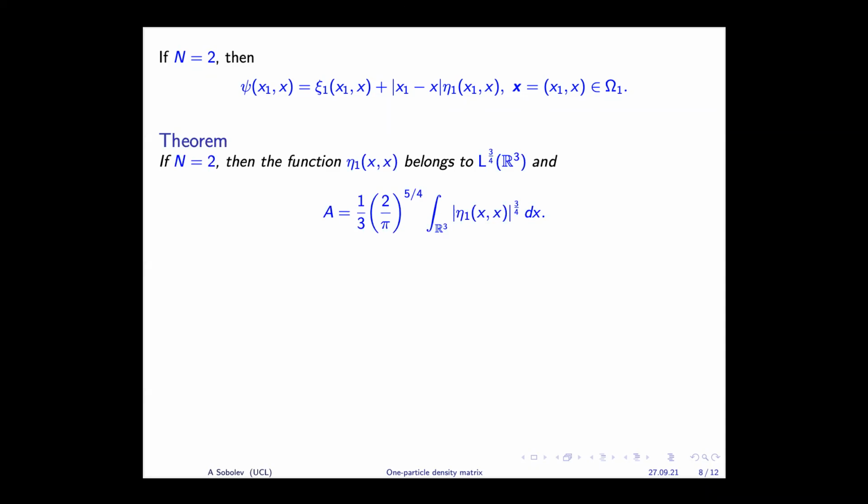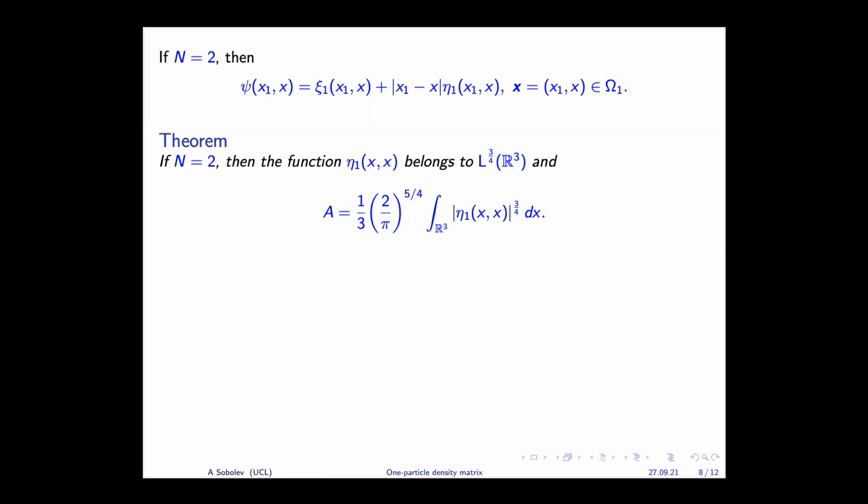Actually, it is the same cube. But once you look at this function, these variables have different dimensions. So that proposition is not applicable directly. One has to play with it somehow. But for two particles, it can be applied because both variables have the same dimension, right? X1 and X2, or X1 and X. So let's take two particles for this reason.